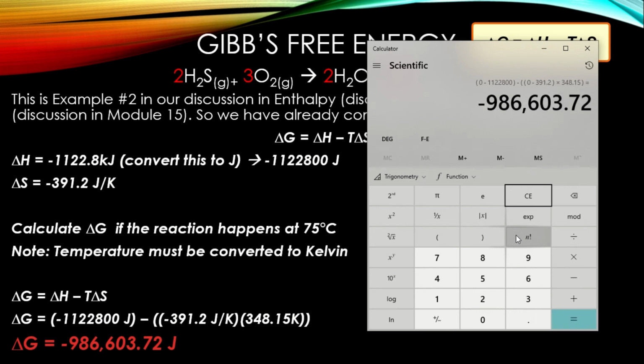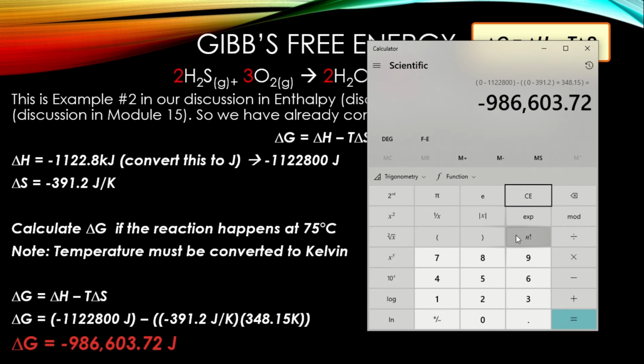So our answer is negative 986,603.72 joules. So since it is negative again, that means this reaction is exergonic or spontaneous. Understood?